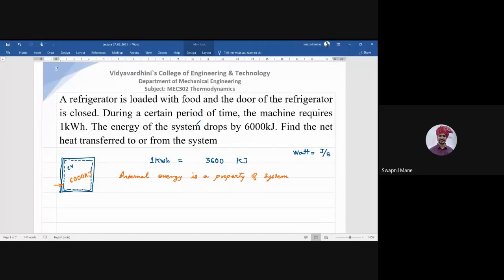And the relation between heat and work is nothing but change in internal energy. Yes or no? So we have to find net heat transferred, so we have to find Q. Q is the unknown, W is known, and the change of internal energy is here.